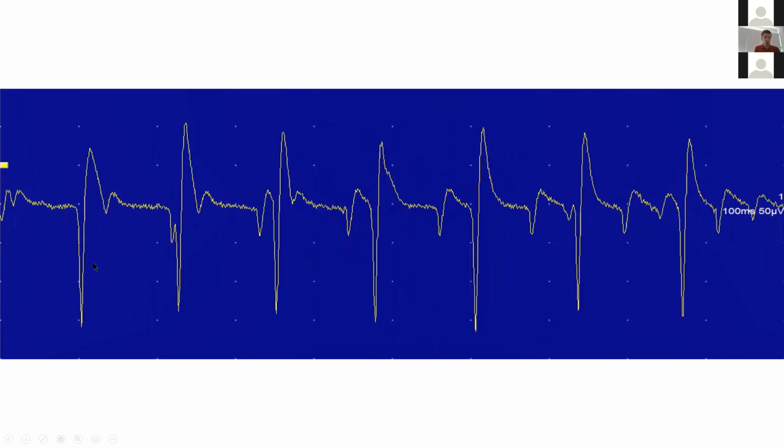Let's look at the first one. 1, 2, 3, 4, 5, 6, 7 in 100 milliseconds, which means a frequency of 70 hertz. Look at the second one. 1, 2, 3, 4, 5, 6, 7, 8, 9. This muscle fiber is firing at a frequency of 90 hertz.